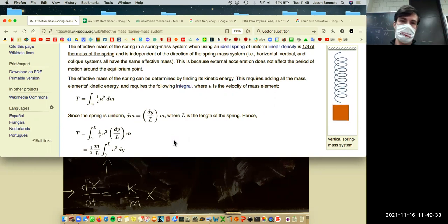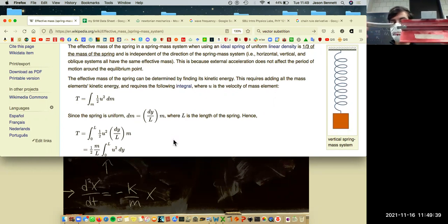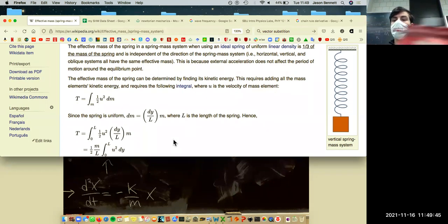In the lab, you can either write out the number, it's like 9.7 grams or something, or you can weigh them yourself. But they are not 0. And so when they move, they also have kinetic energy.